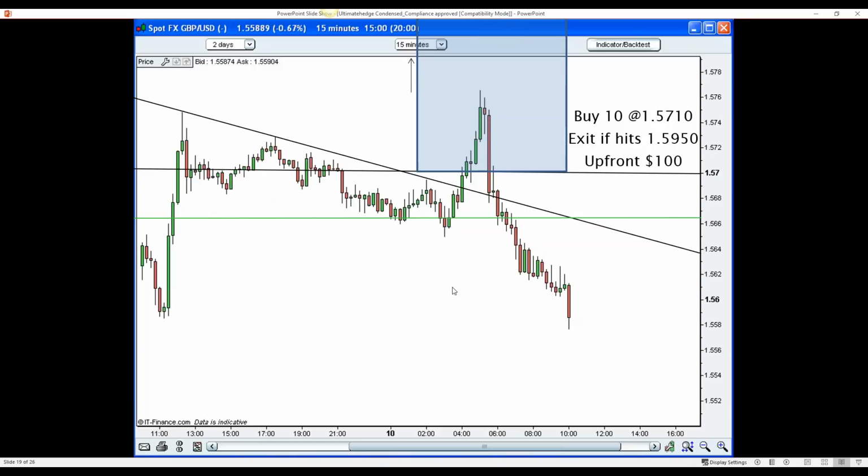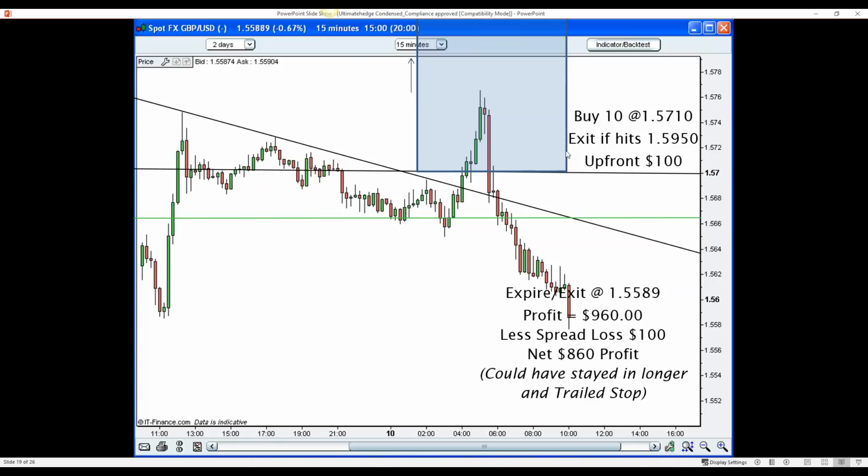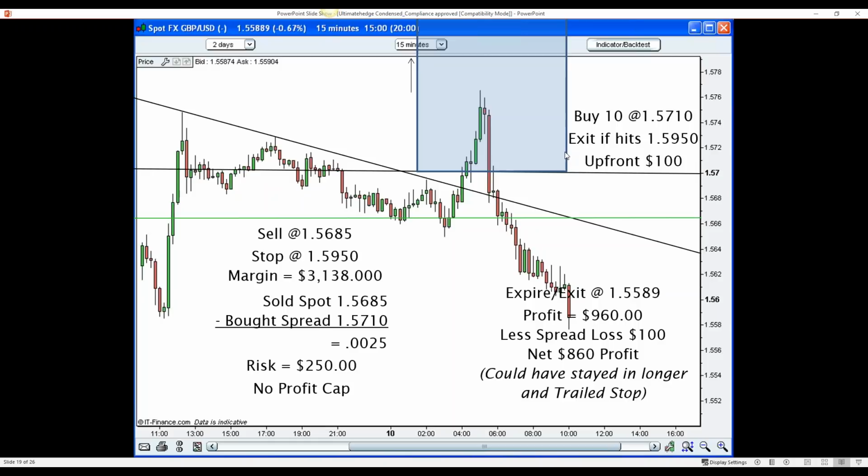So where is my real risk in this trade? Well, where do I start getting hedged at? Right here, right? At 57.10. Okay? So I sold the spot Forex at 56.85, right? I bought the spread at 57.10.